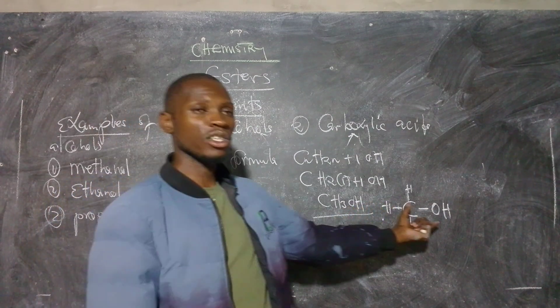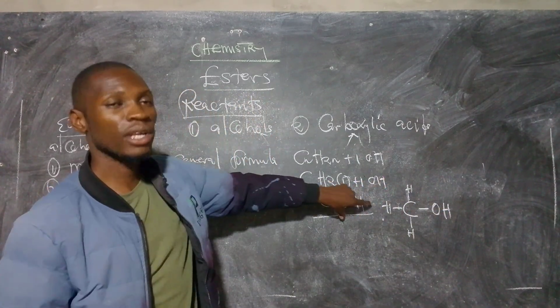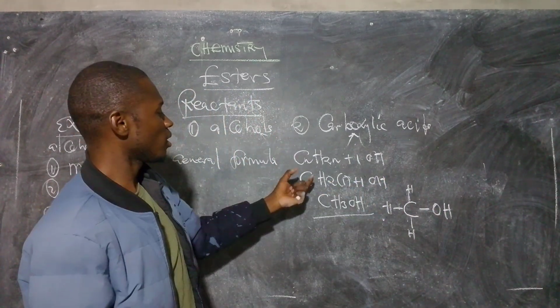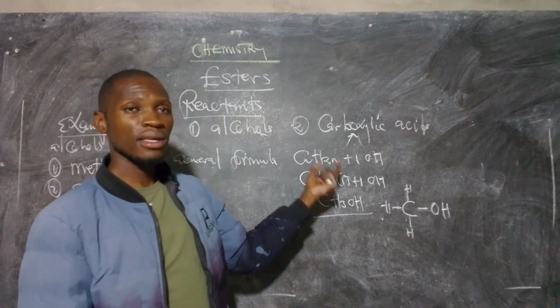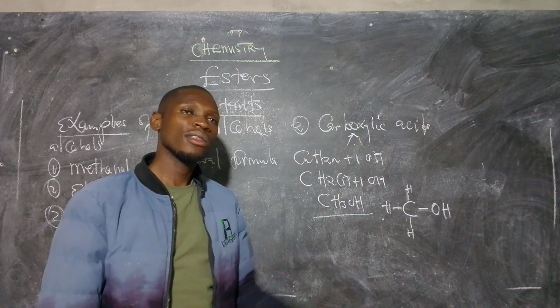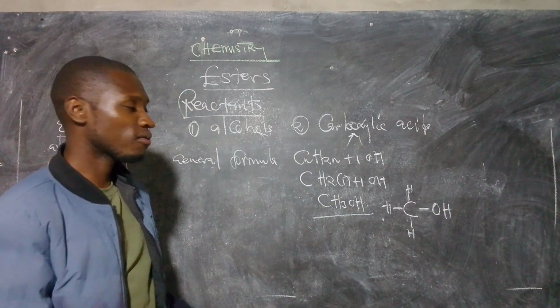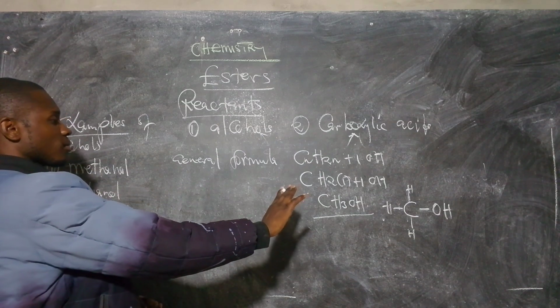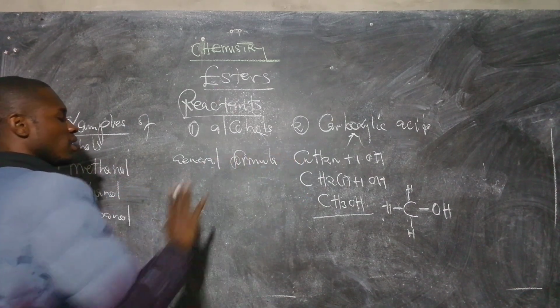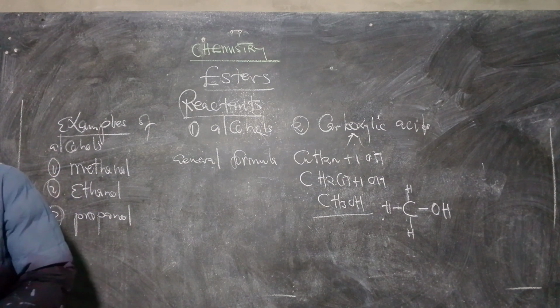So this is the structural formula, then this is the molecular formula. So the way I've made methanol, this is the way we make all the molecular formulas of alcohols.